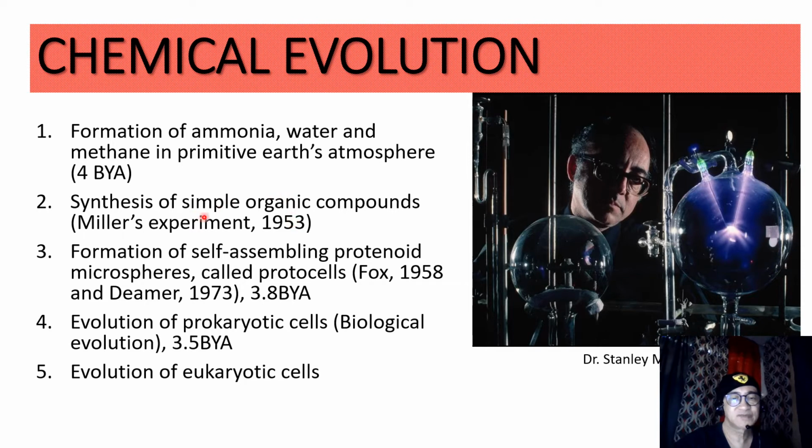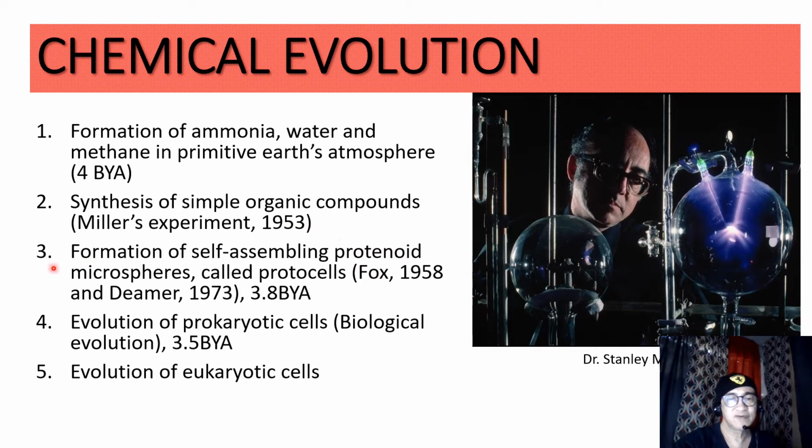This was given evidence by Stanley Miller's classic experiment in 1953, when he subjected simple molecules like ammonia, water, and methane to simulated bolts of lightning by generating electrical sparks in a vacuum containing those simple molecules, which resulted in the synthesis of complex molecules like amino acids and fatty acids.